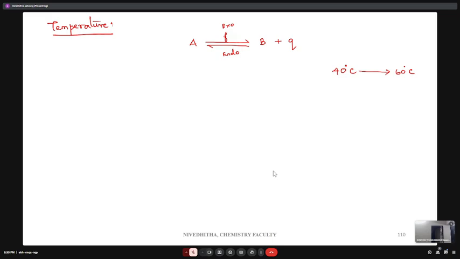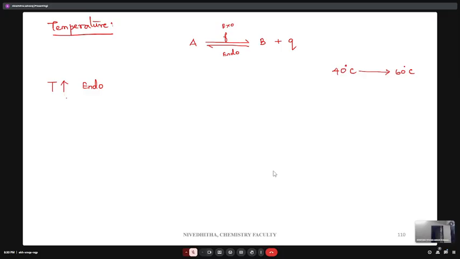How will it do this? Whenever you're raising the temperature, the endothermic reaction will occur. What is an endothermic reaction? It is the reaction that absorbs a particular amount of heat energy to make the reaction happen, right?